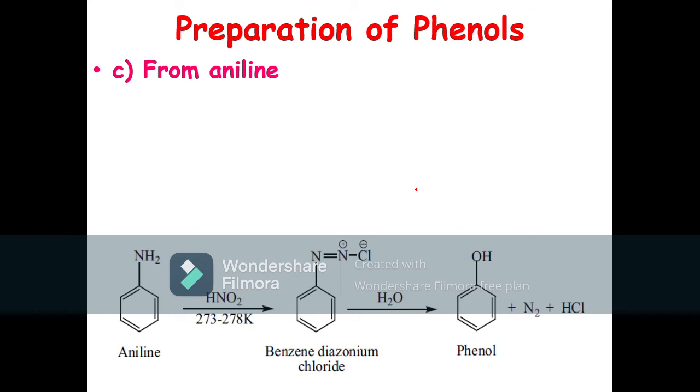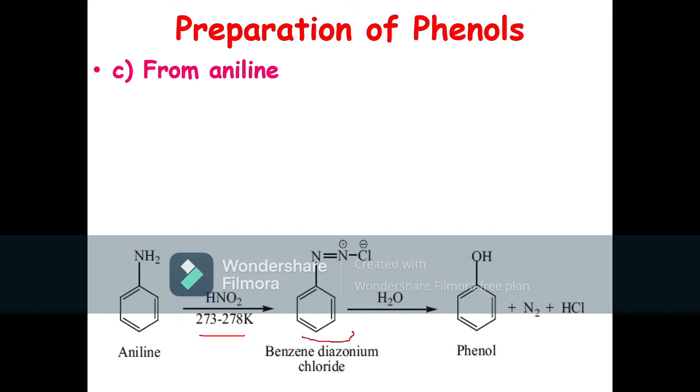In this, aniline is treated with nitrous acid. This nitrous acid we obtain from the reaction between sodium nitrite and hydrochloric acid. It gives nitrous acid. So when aniline is treated with nitrous acid at 273 to 278 Kelvin temperature, it gives benzene diazonium chloride.